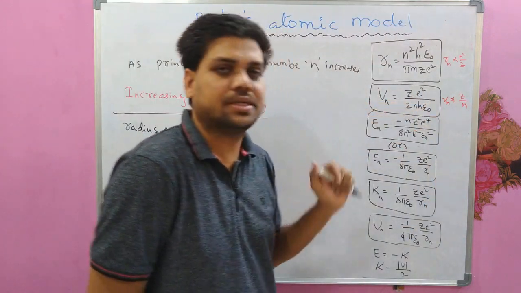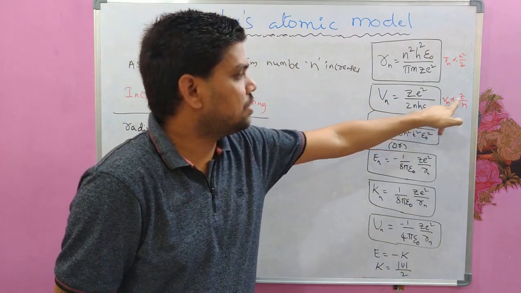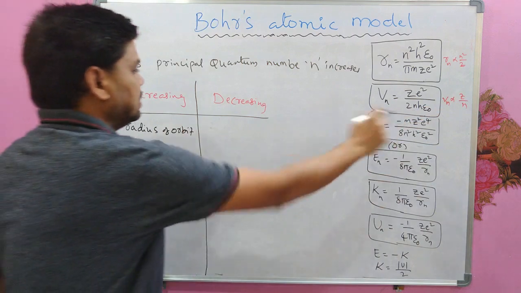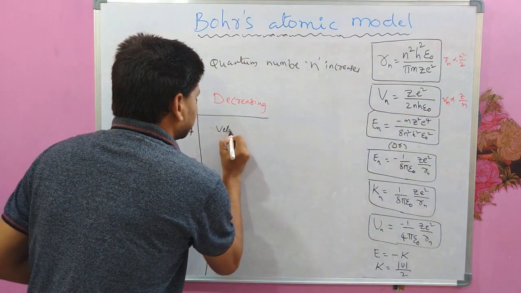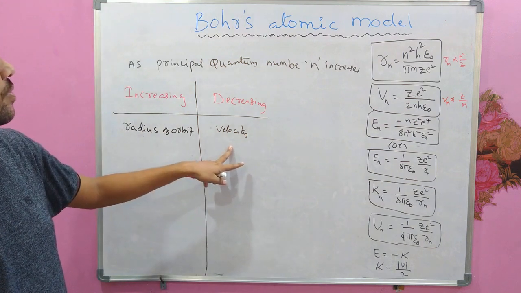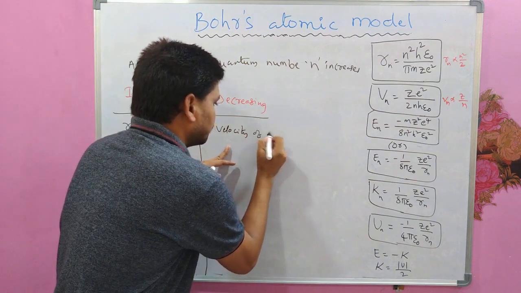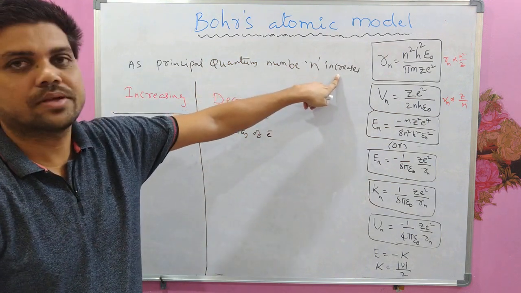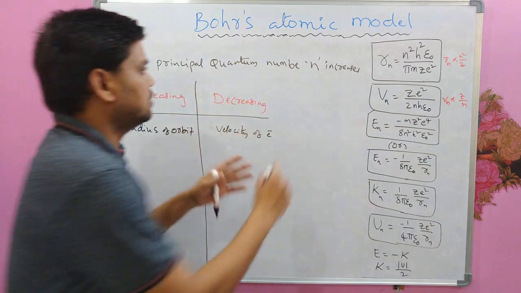Others are constants. Proportional to Z by n, that is, inversely proportional to n, so the velocity of the electron should decrease as n increases. Right, remember this.